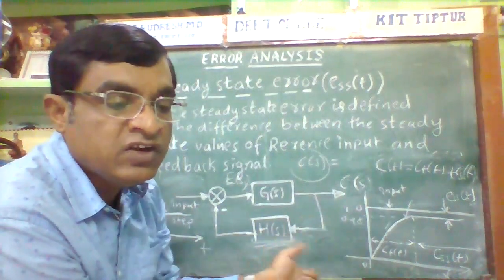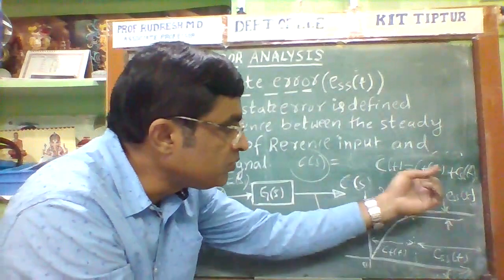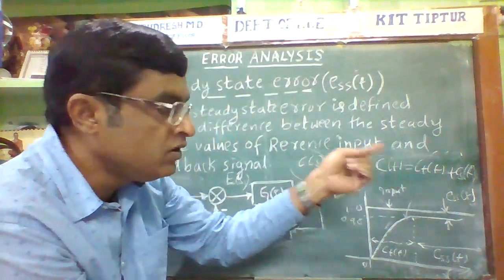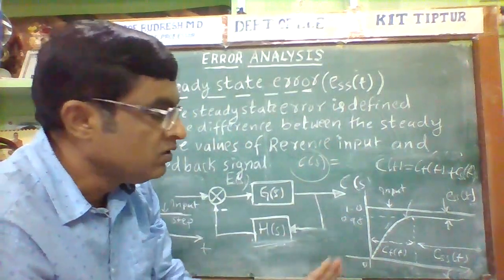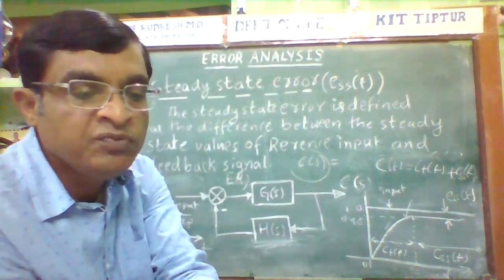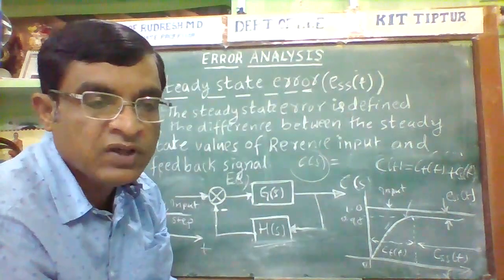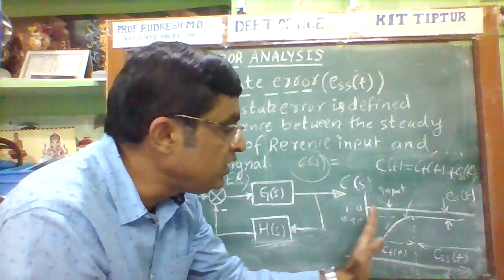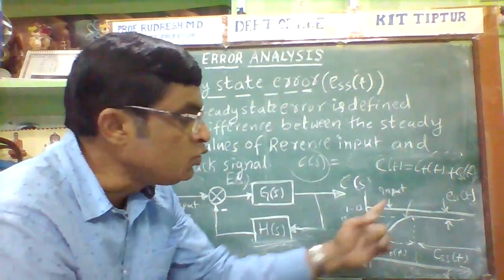Similarly, the steady state response is the response of the system, also part of C of T, when T approaches infinity. It is the part of the response which remains constant after the transient response completely vanishes from the output.